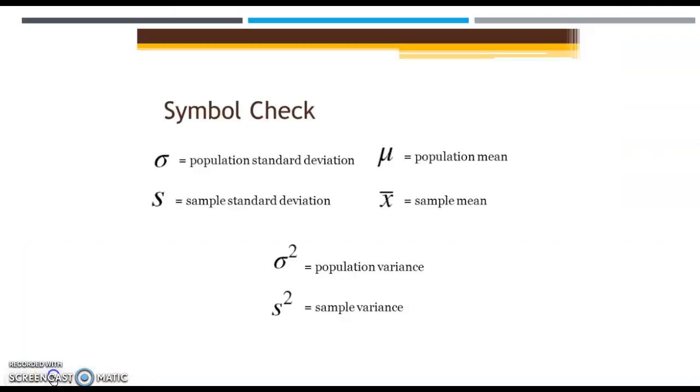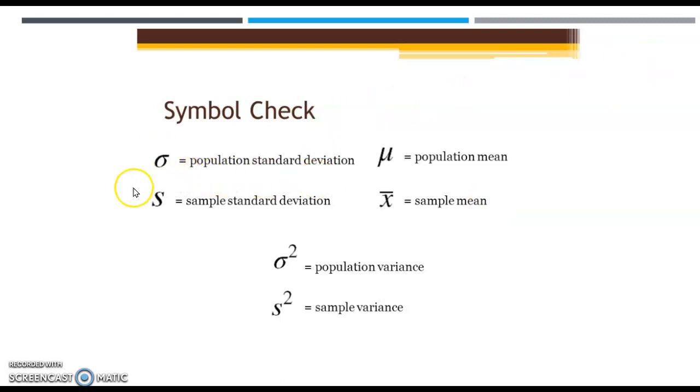So there's lots of data that are normally distributed. You don't have to have normally distributed data in order to be able to calculate these measures of variability, variance.